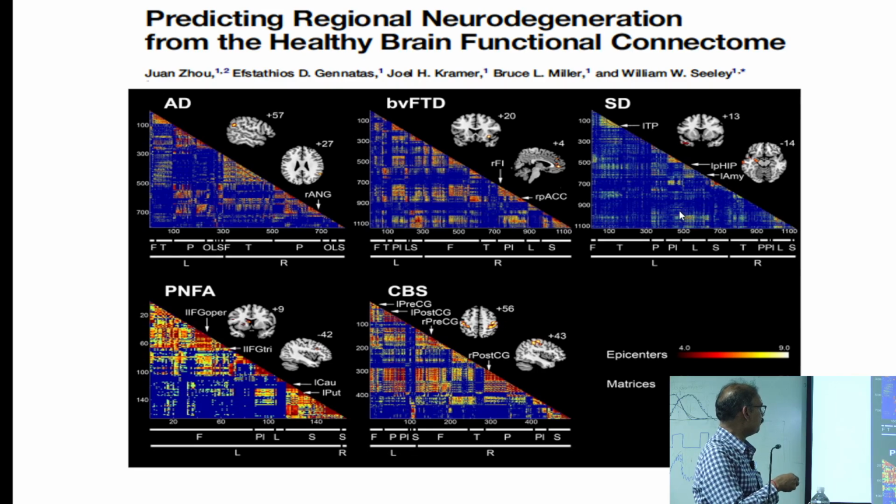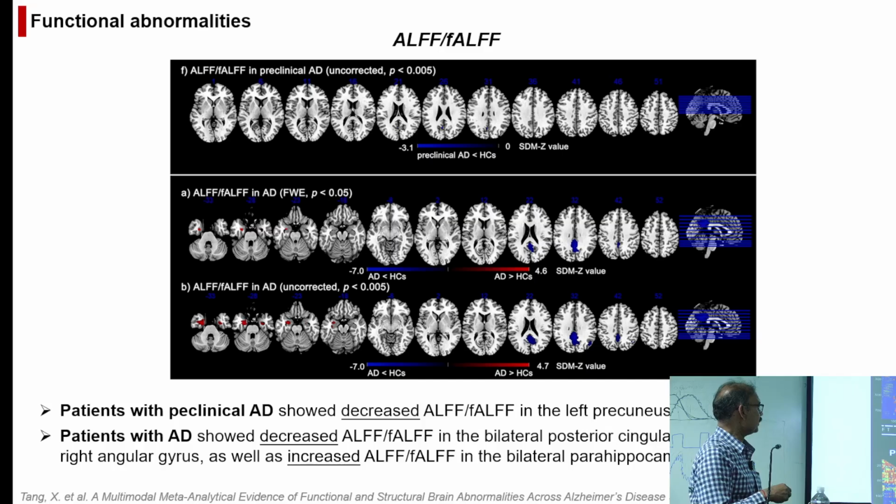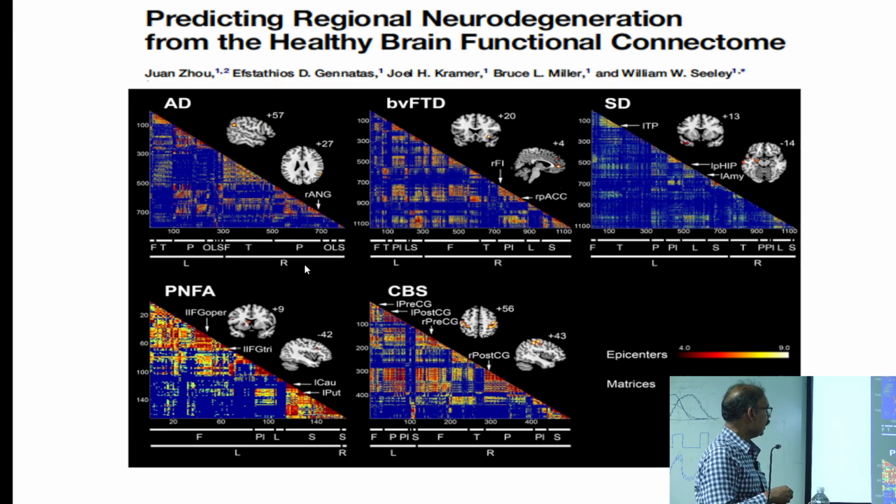The point here was that using resting state connectivity analysis, you had both specificity and sensitivity to differentiate not only between neurodegenerative disorders and healthy control, but also between Alzheimer's versus frontotemporal dementia versus semantic dementia, and so on. So it can be used to differentiate between different neurodegenerative disorders.